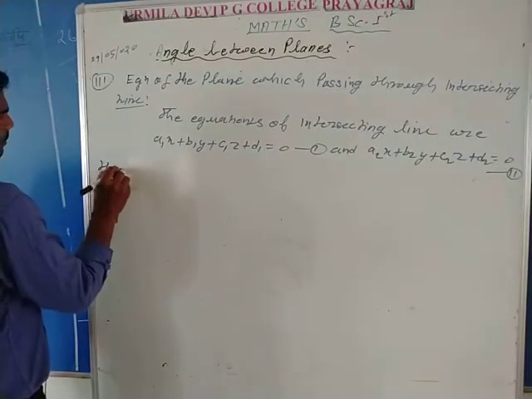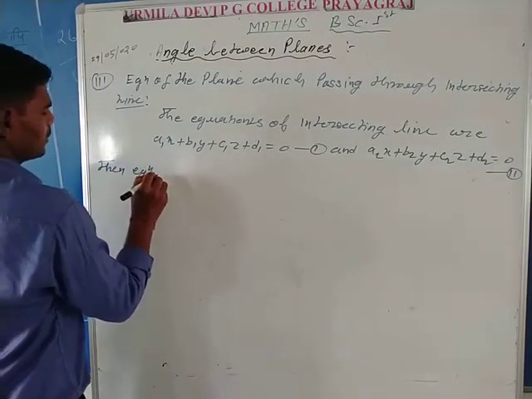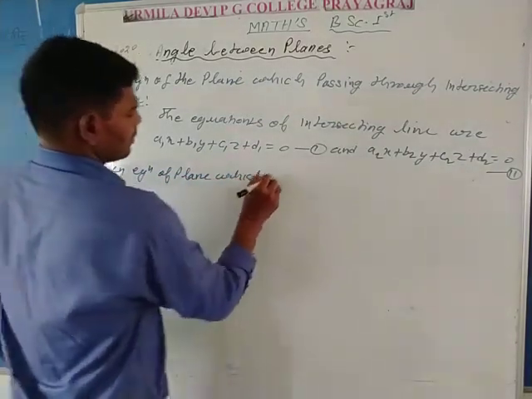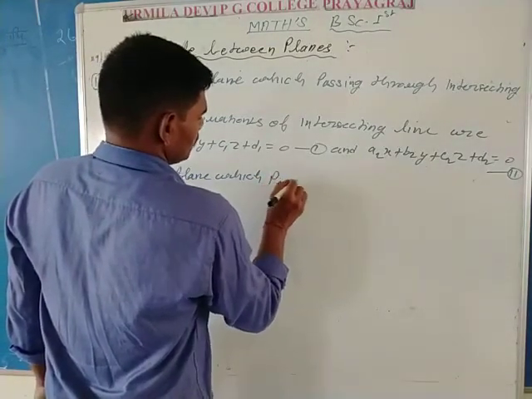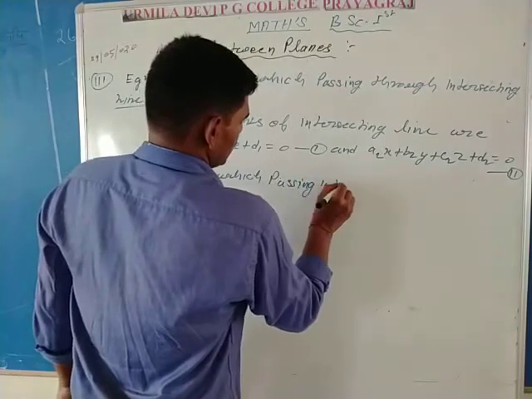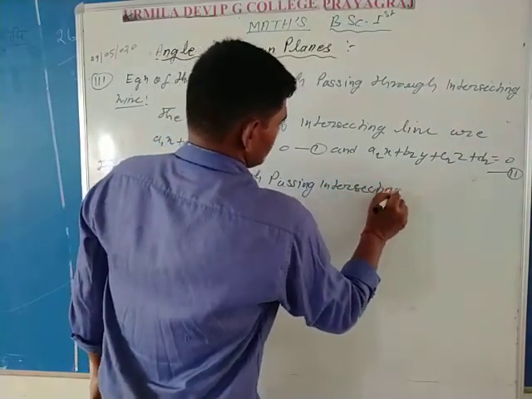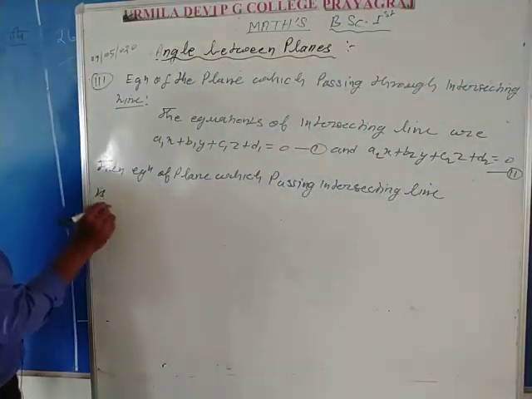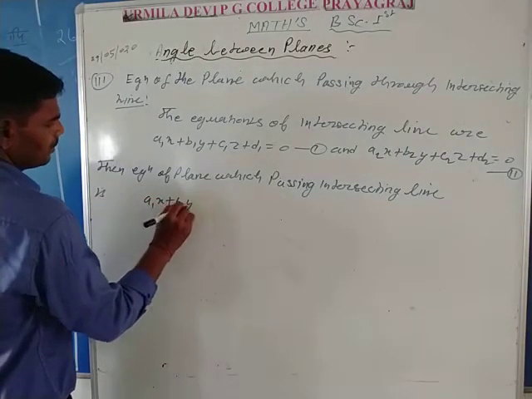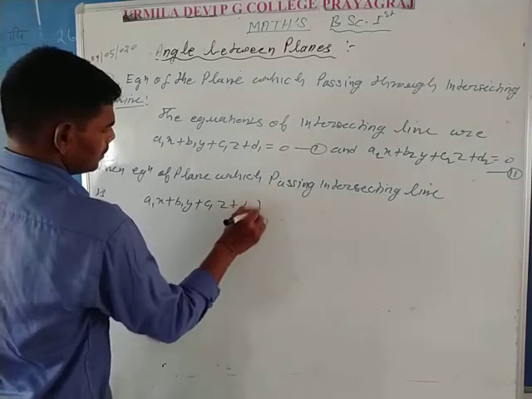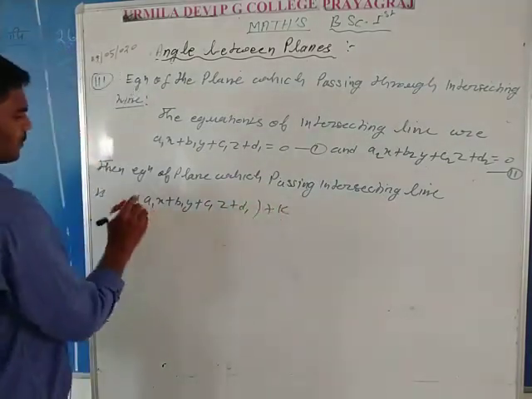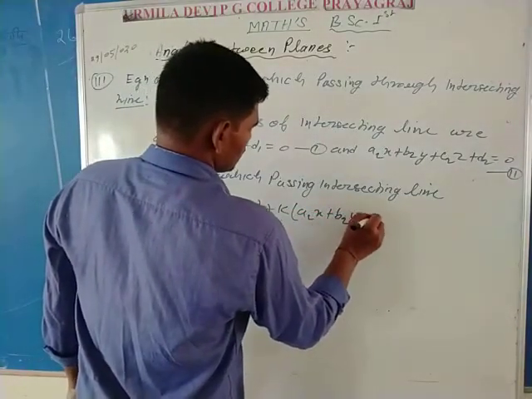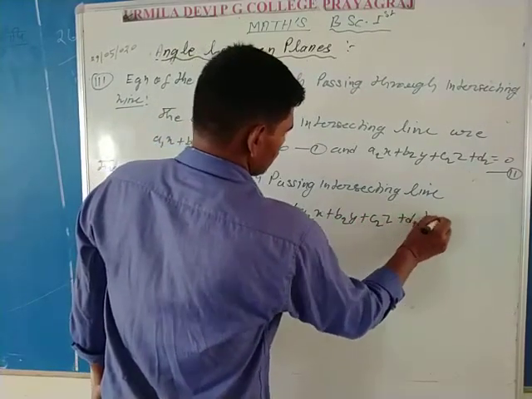Then the equation of the plane which passes through the intersecting line is a1x plus b1y plus c1z plus d1 plus k times a2x plus b2y plus c2z plus d2 is equal to 0.